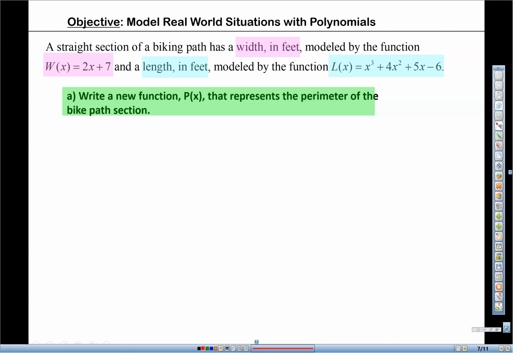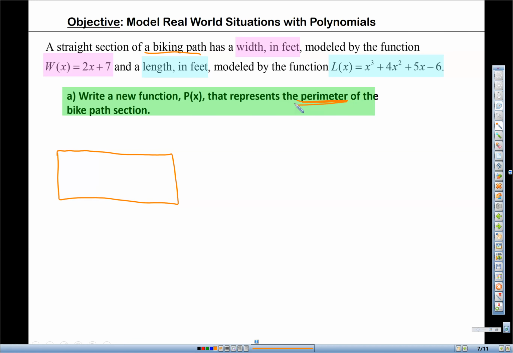What I now need to know mathematically is what kind of shape I would have. Realizing that if it's a straight section of biking path and it's got a width and a length, it's going to look like a rectangle, I need to know how to find the perimeter.